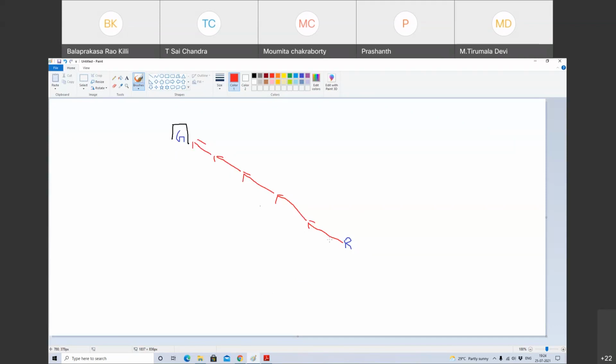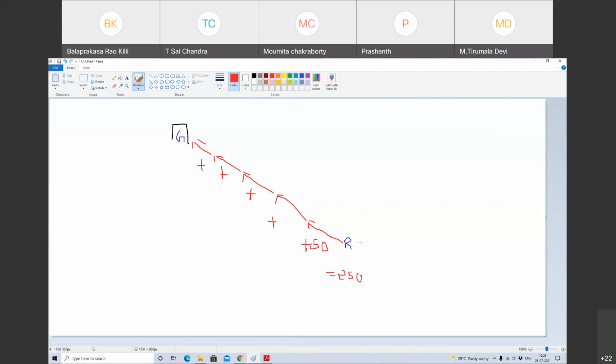If it takes all leftmost moves, it will reach the goal. So for every left move, you get a reward of plus 50. Plus 50, plus 50, plus 50, means 1, 2, 3, 4, 5. Total reward is 250.